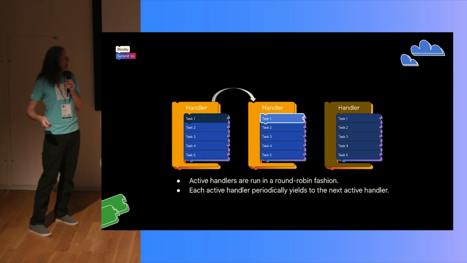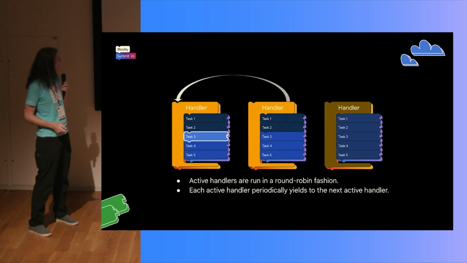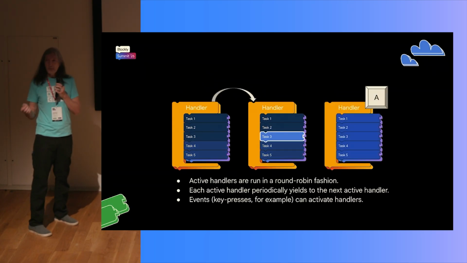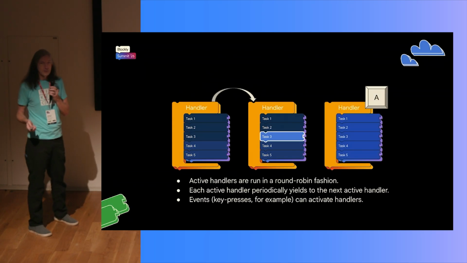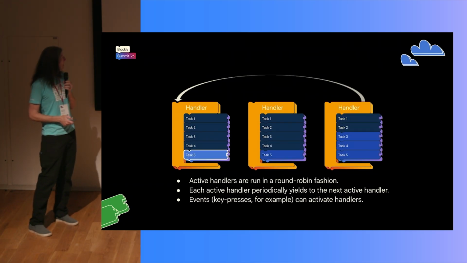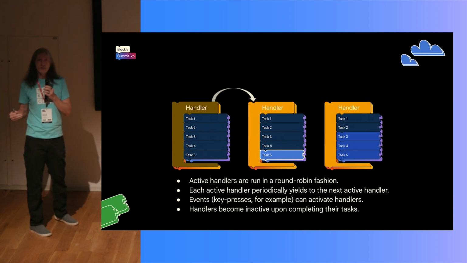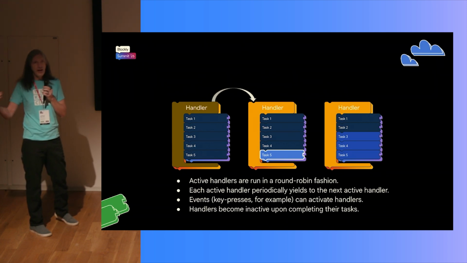Each active handler periodically yields to the next handler. And events like key presses can activate inactive handlers. And if a handler completes its final task, it just goes inactive and can be activated again by events.